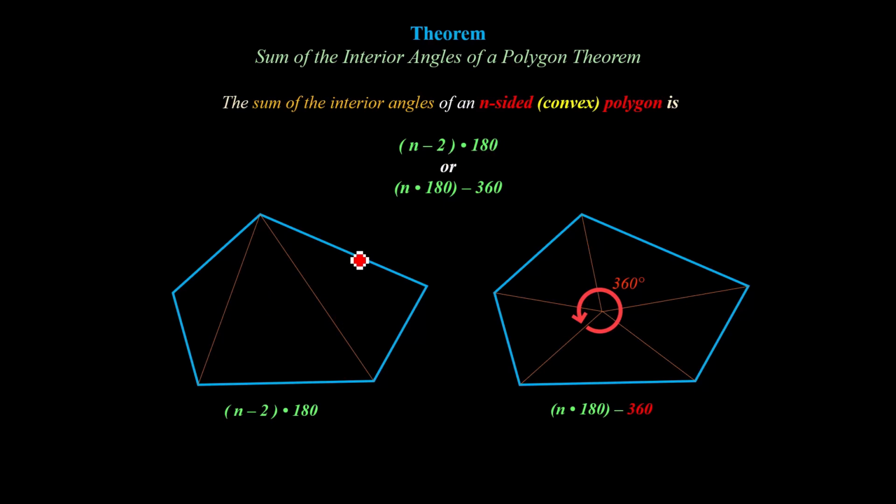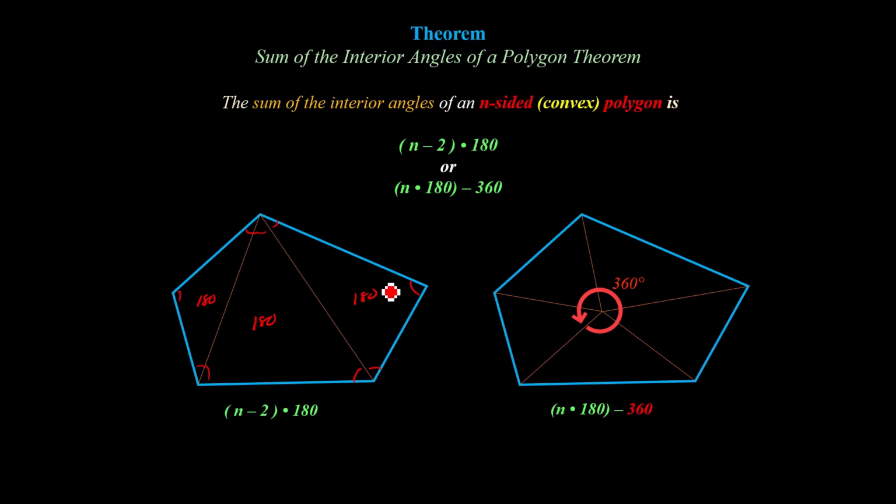That's because for any n sides you can make n minus 2 triangles. Each of these triangles is 180 degrees, and the sum of all the angles of those is the sum of the interior angles of the polygon.